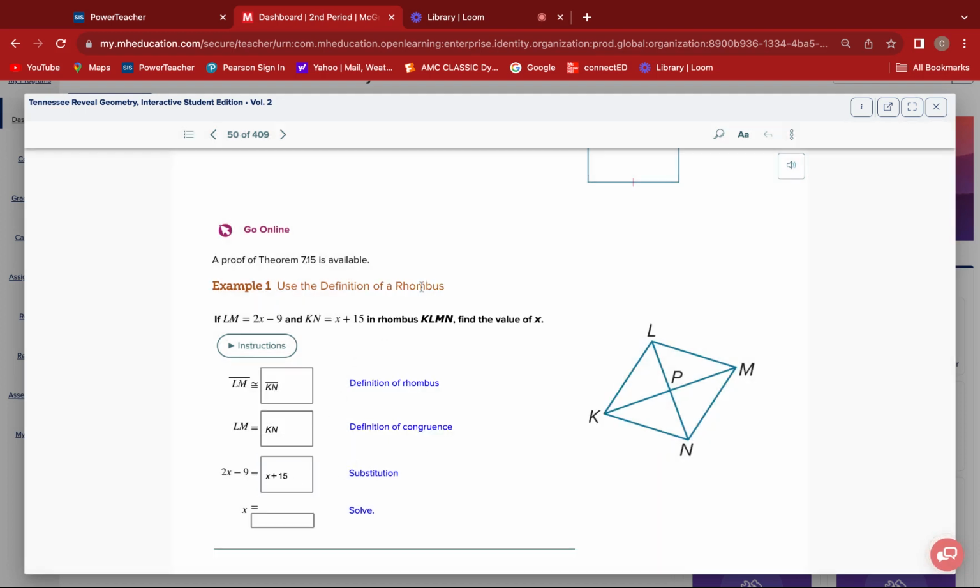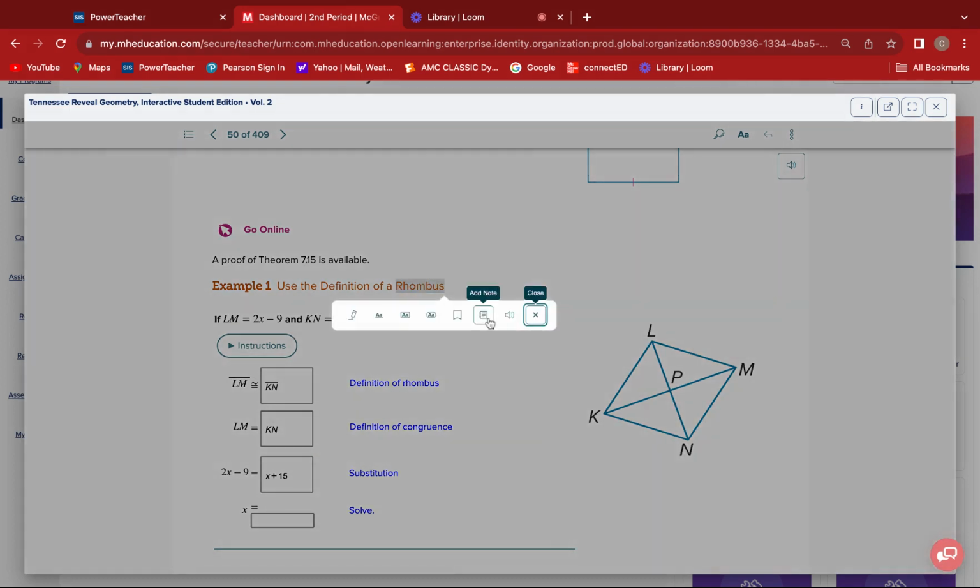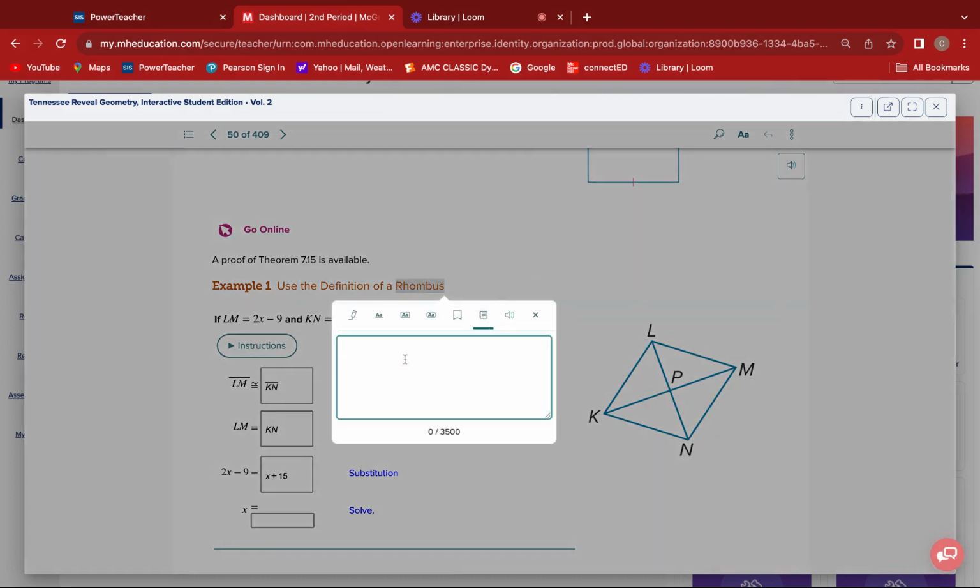Once again, I do not like that they want us to solve this by not showing any steps. So for my visual people, I'm definitely going to show my steps. Okay, well, the opposite of adding X is to subtract X from the other side. So minus X, minus X. 2X minus X leaves an X. Minus 9 equals 15.